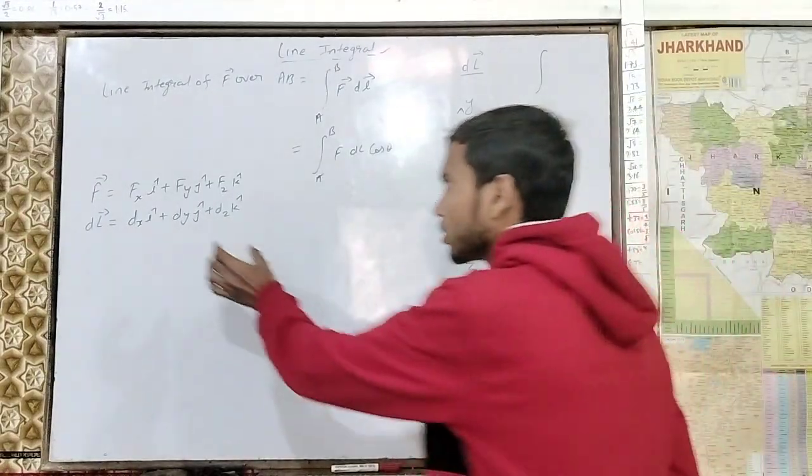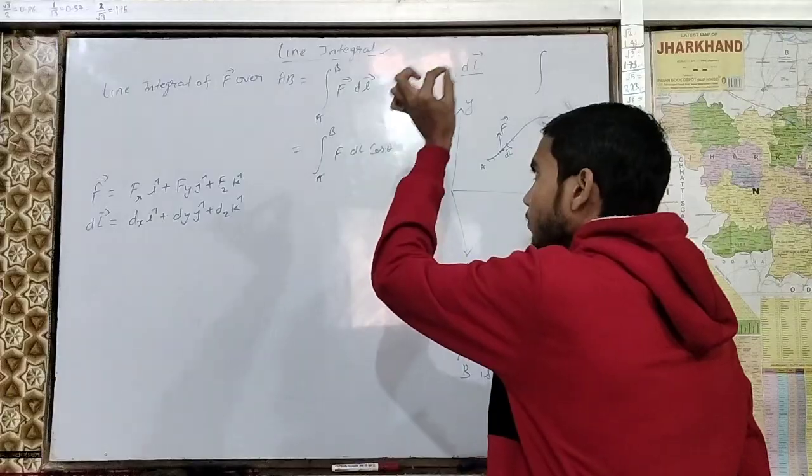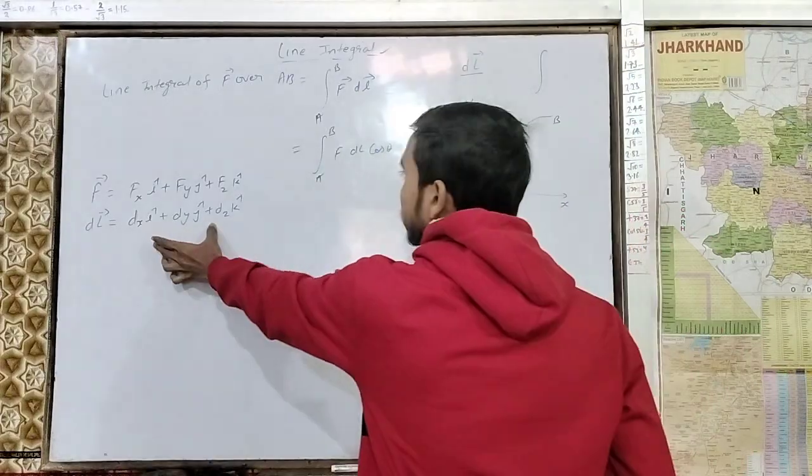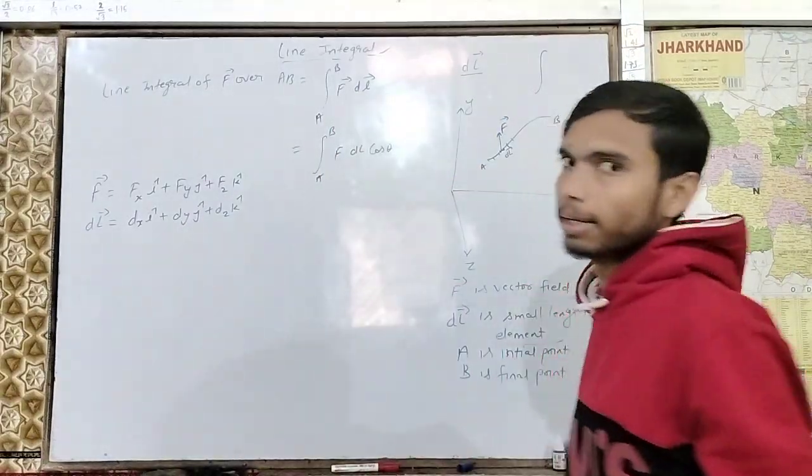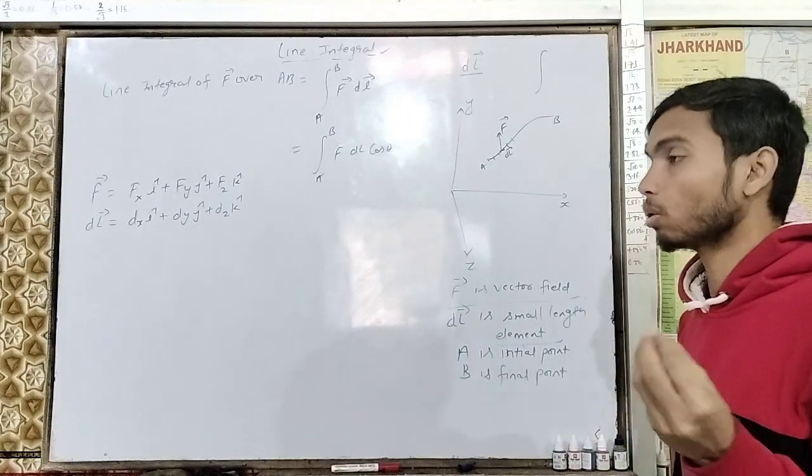Now we just put this in place of vector f, and this in place of dl, and then use the dot product.